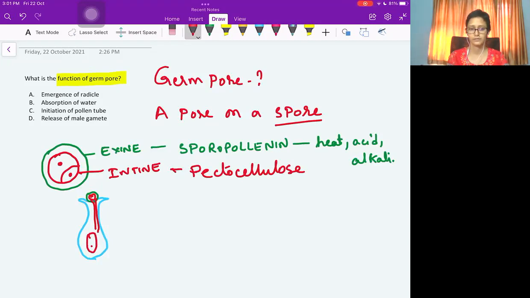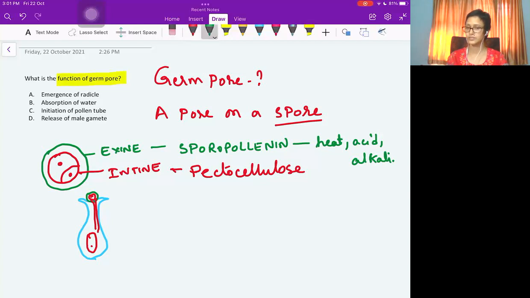Isn't it? So a pollen grain is a structure that carries the male gamete to the respective stigma. Once it lands on stigma, this pollen grain should germinate, discharge the male gamete, and carry it to the female gametophyte. This is the function of the pollen grain.